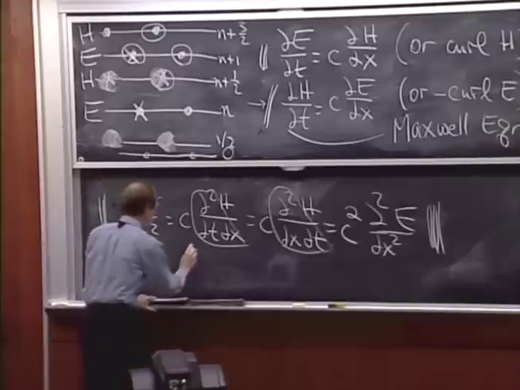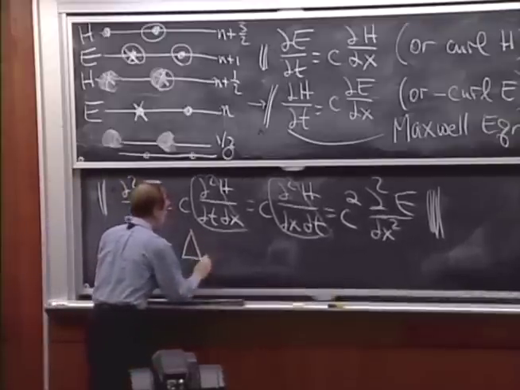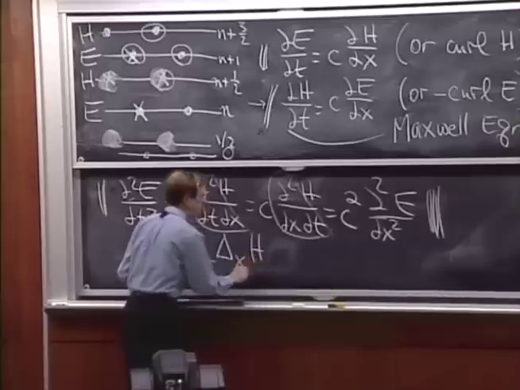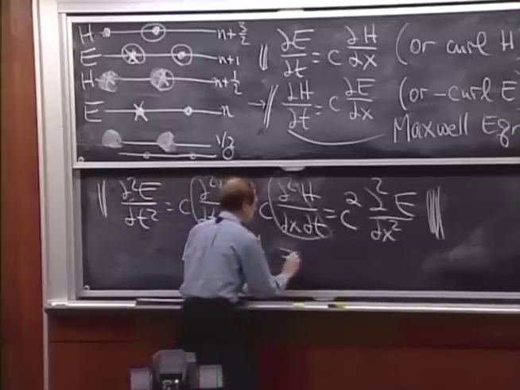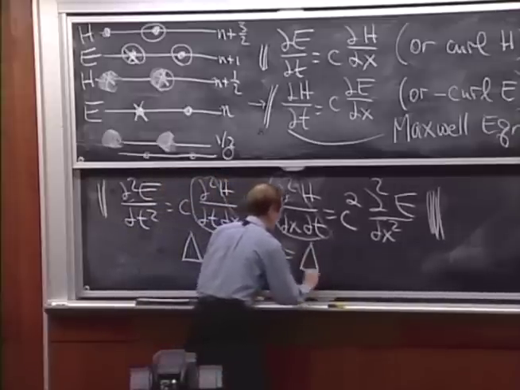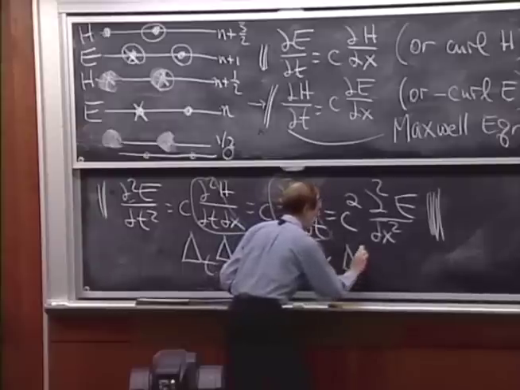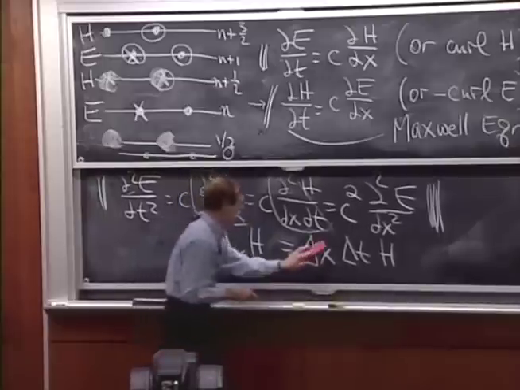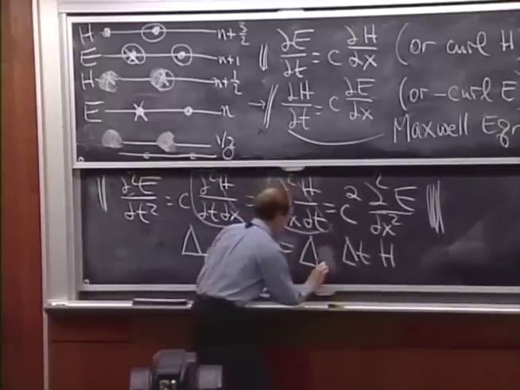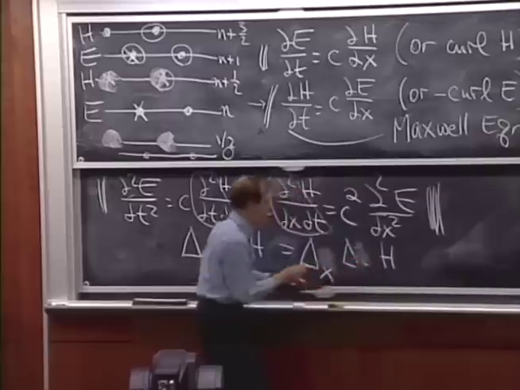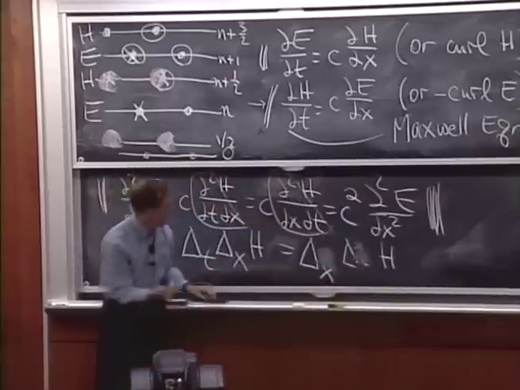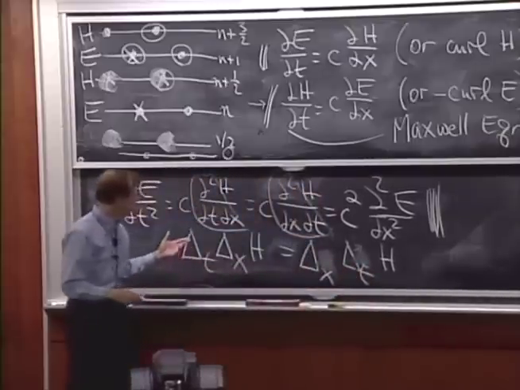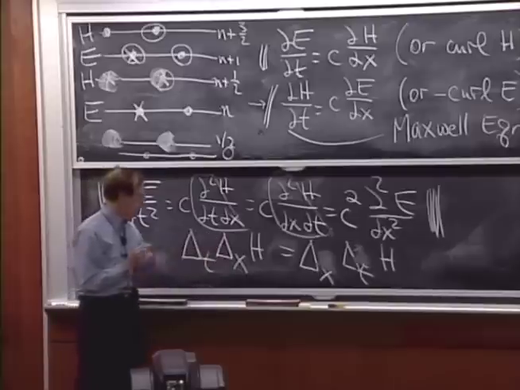I believe that the time difference of the space difference of h at mesh points is equal to the space difference of the time difference of h at the same mesh points. I meant to put these as subscripts. It's not delta x, it's delta sub x. Difference in the time direction, difference in the space direction.